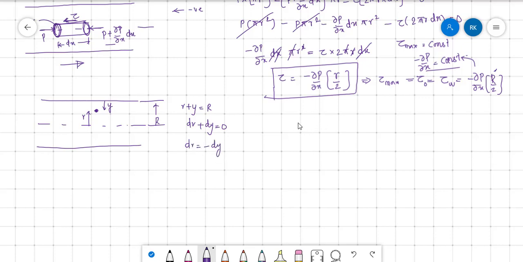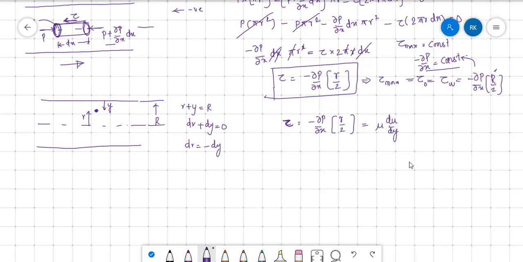Now tau is equal to minus dou P by dou X into r by 2. But we also know that tau is equal to mu into du by dy.